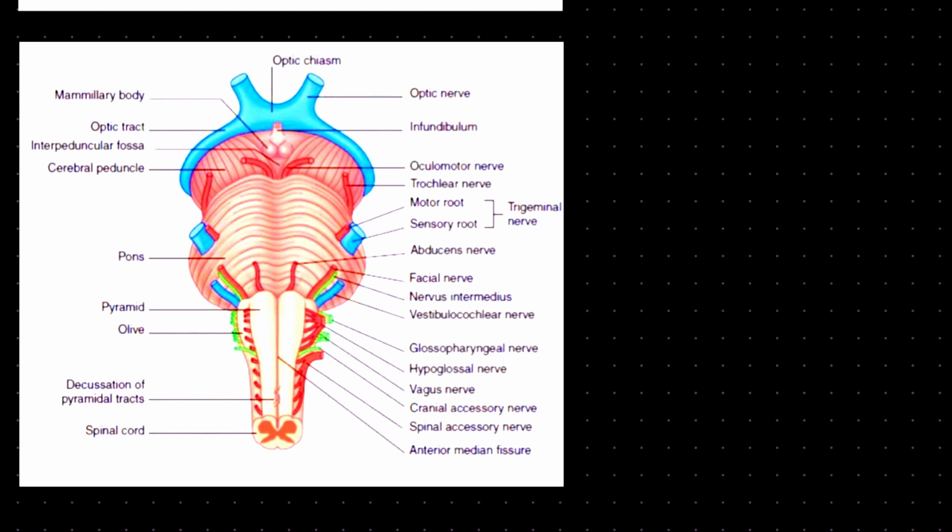Now what are the two parts? The facial nerve is predominantly motor, so you can see the red portion is a bit thicker, just opposite of our trigeminal nerve. The facial nerve is a mixed nerve, and it consists of motor and sensory parts. The sensory part is thinner, in green, and the motor part is thicker.